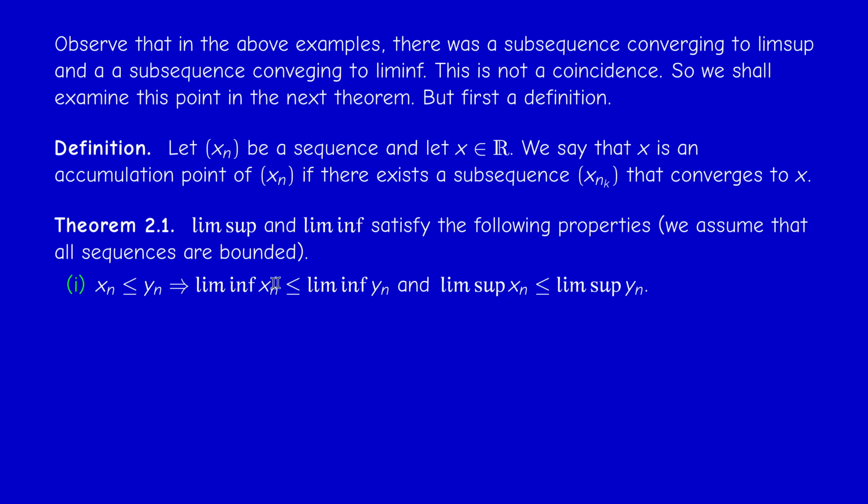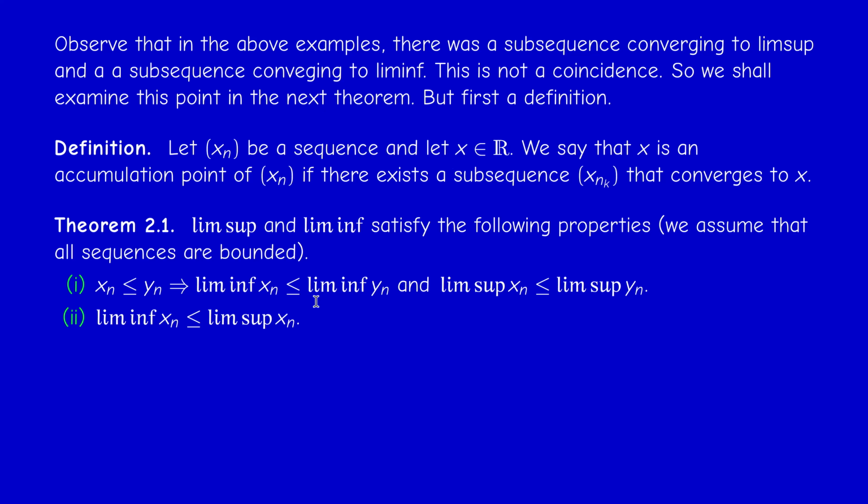But we have more generally the same thing for liminf and limsup. So you can restate the first property by saying that liminf and limsup conserve inequalities, but in the large sense. Even if xn was strictly less than yn, we cannot say that liminf is strictly less than liminf. Okay, so this is not difficult actually, it takes one line of proof.